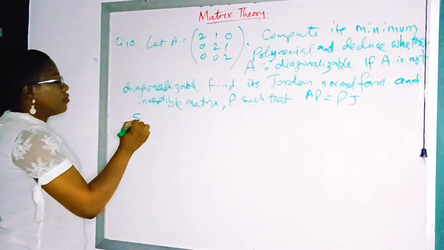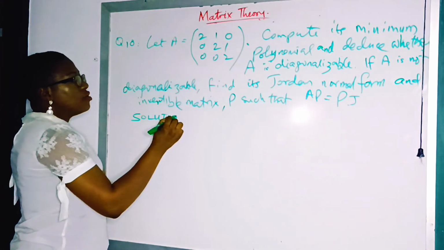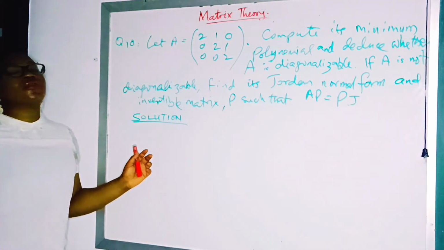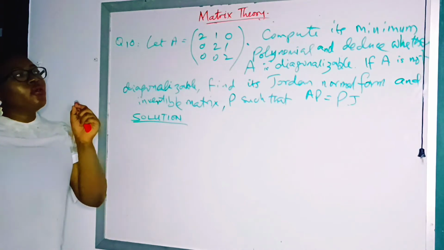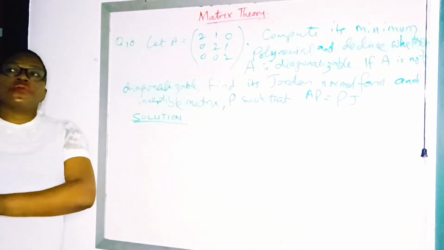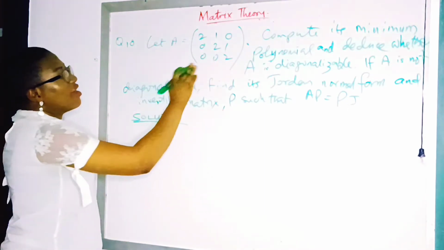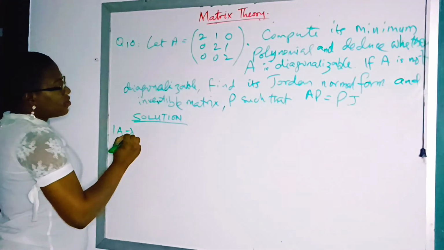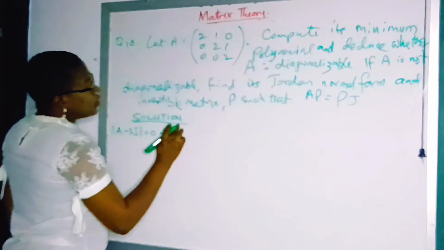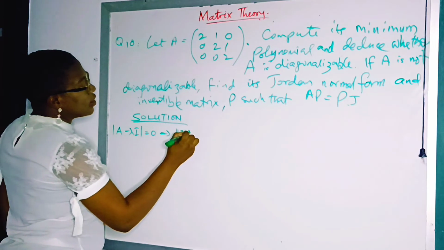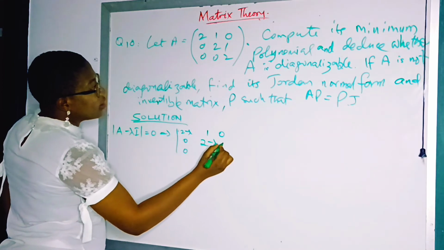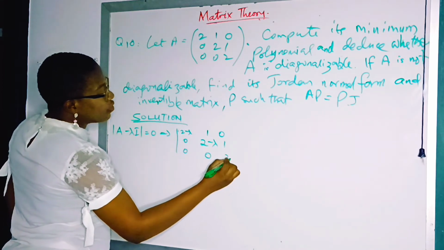Solution. To find the minimal polynomial, you need to find the characteristic equation first. After finding it, you find the smallest polynomial that gives 0 when applied to A. So let's find the characteristic equation: determinant of A minus lambda I equals 0.